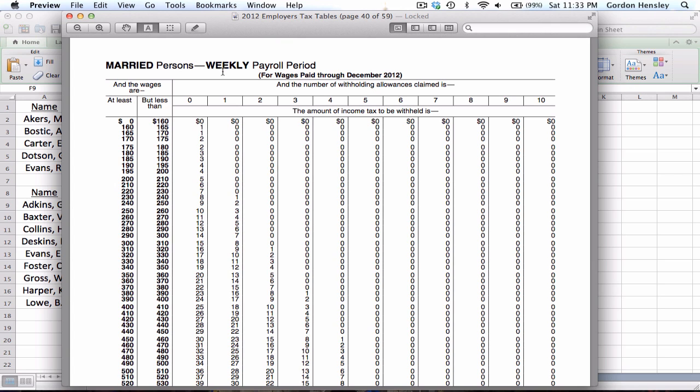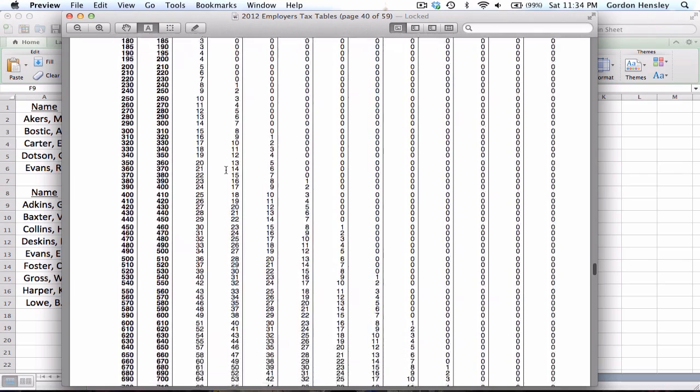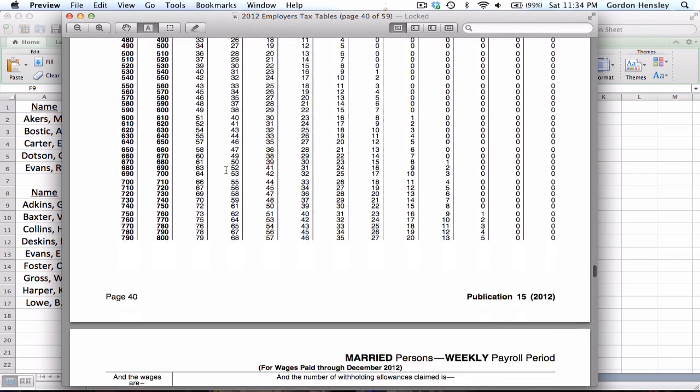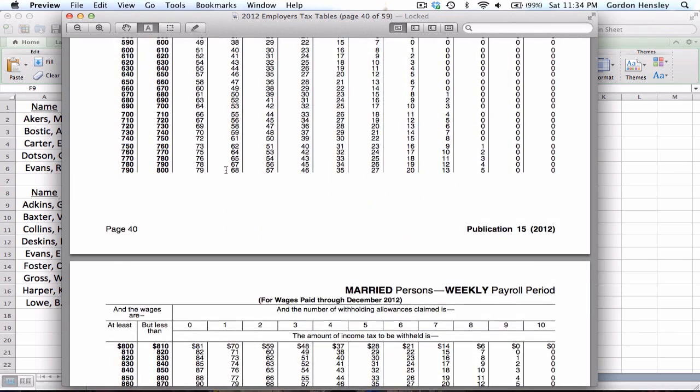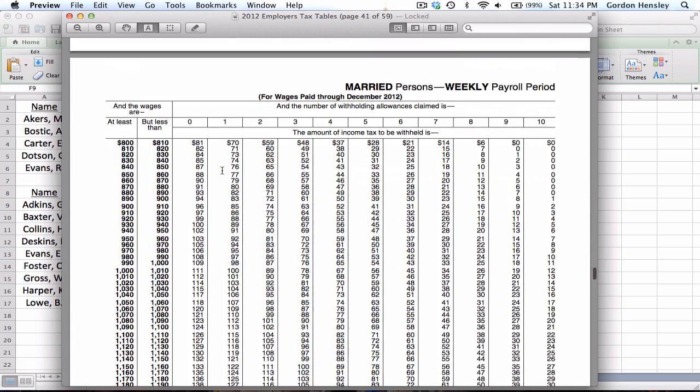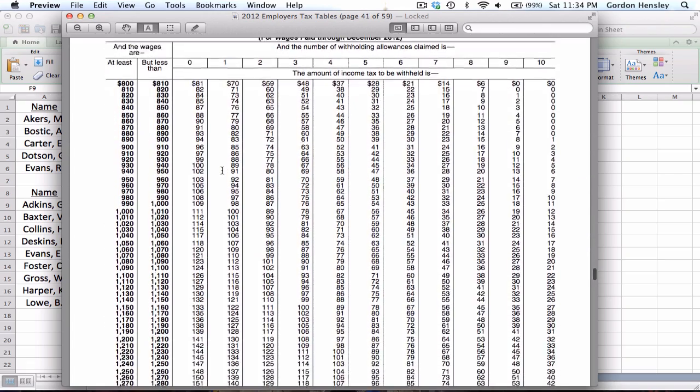So married weekly. Now 1 withholding allowance. So I want to skip 0 and go over here to 1. And then I want to go down until I find the area that matches their income, their salary. Well, their salary was $1,350. So I want to go all the way down until I see that in this column. So I don't see that on this first page because it only goes all the way up to 800. And I've got to go all the way up to 1,350.